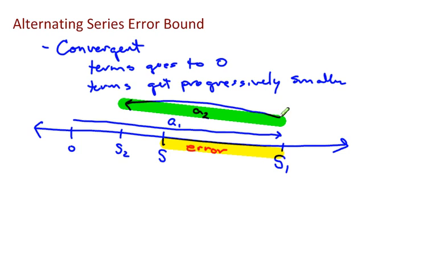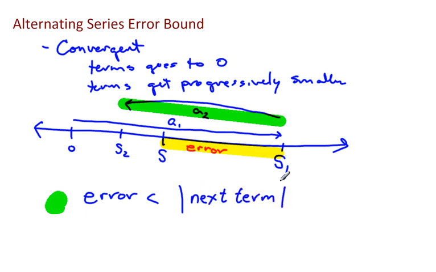But each time we can see that the error is less than the absolute value of the next term. One thing to note: if you use this on a free response, you do want to make sure that you comment that you have a convergent alternating series. That's the only time you can use this test.